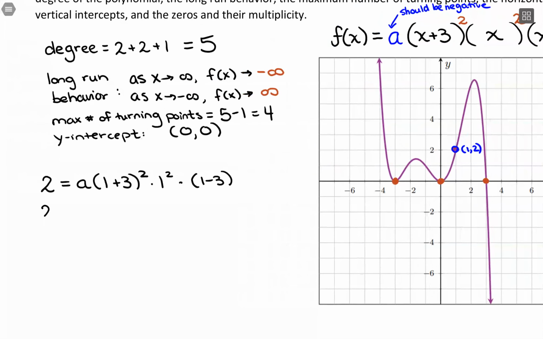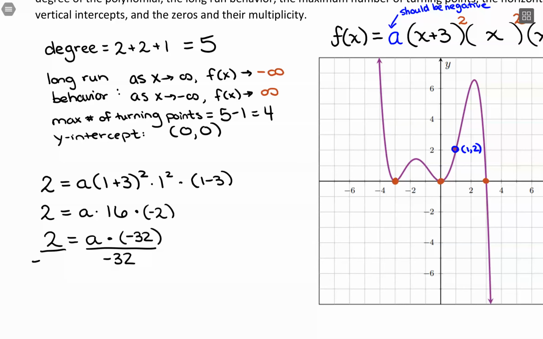So let's try this again. 2 equals a times (1 plus 3) squared, 4 squared, 16, times 1 squared, times negative 2. Alright, 2 equals a times negative 32. Divide by negative 32, divide by negative 32, and there's our negative. So a should be negative 1 over 16.